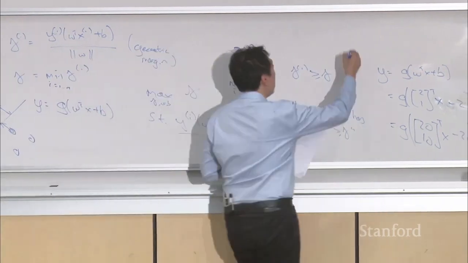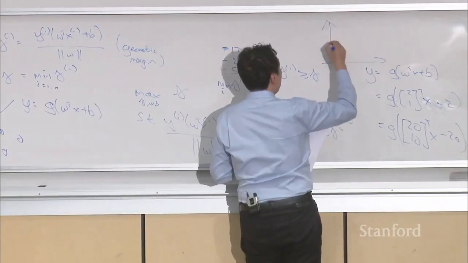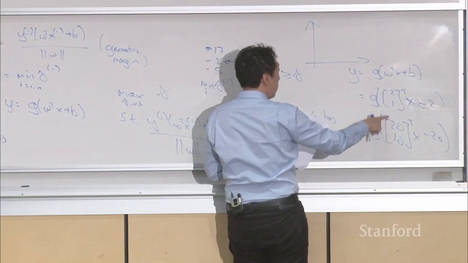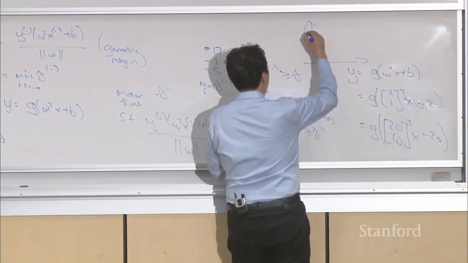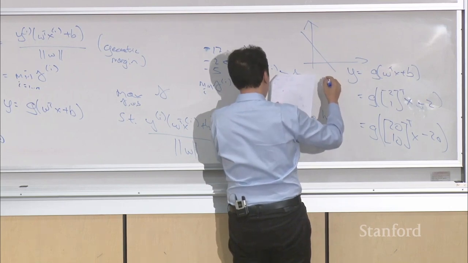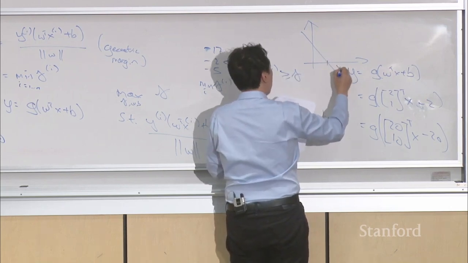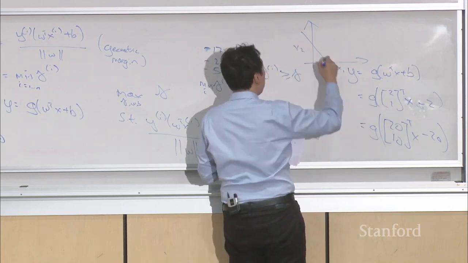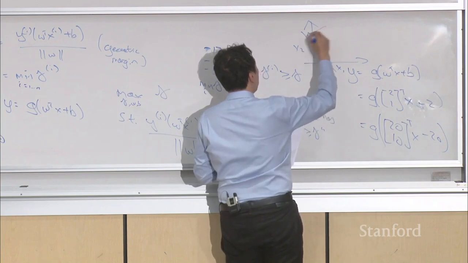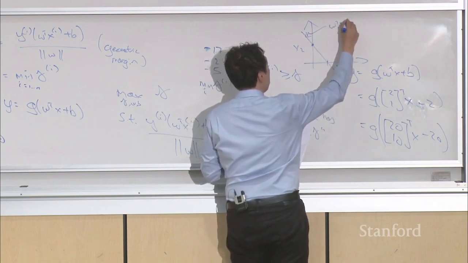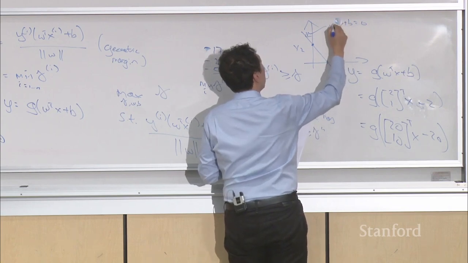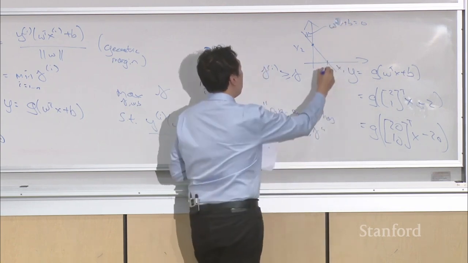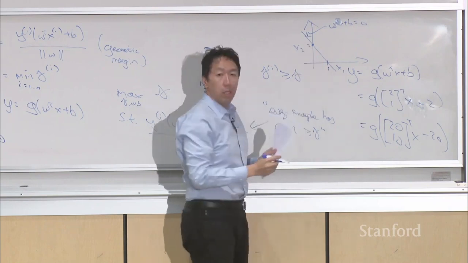So in particular, with this 2, 1, this defines a decision boundary that looks like that. If this is x1 and this is x2, then this is the equation of the straight line where W transpose x plus b equals 0. That's 1 and 2.